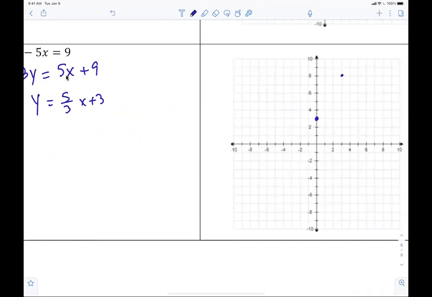So first you graph the y-intercept as 3, and then you go up 5 and to the right 3. Yes.